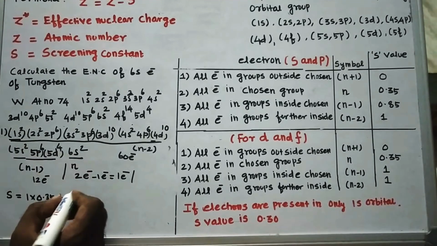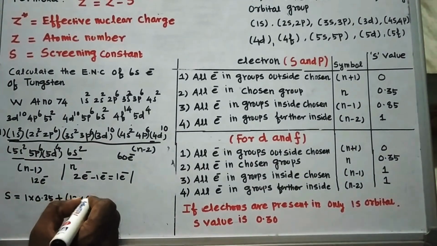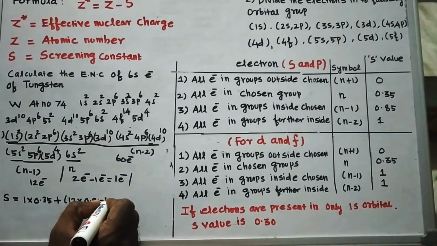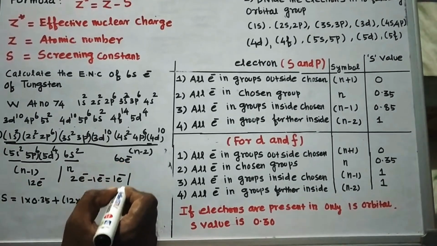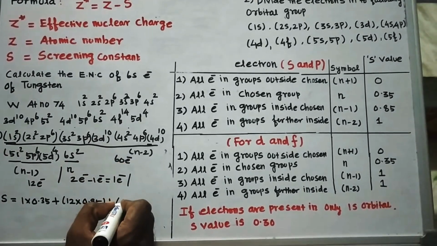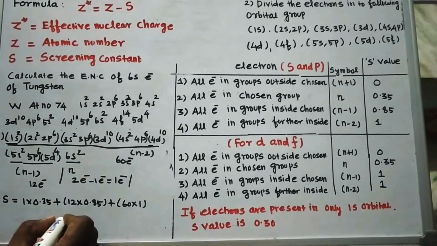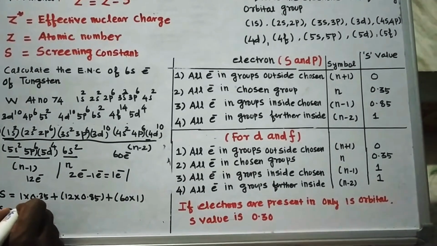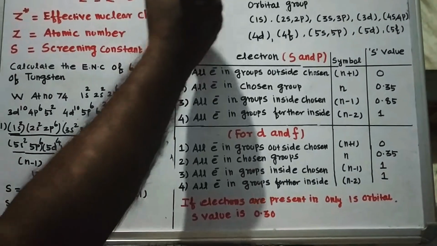There are 12 electrons, so 12 into 0.85. Plus, there are 60 electrons in the n minus 2 orbitals, therefore 60 into 1. It becomes S is equal to 0.35 plus 12 into 0.85.